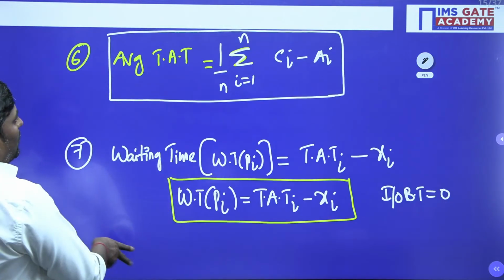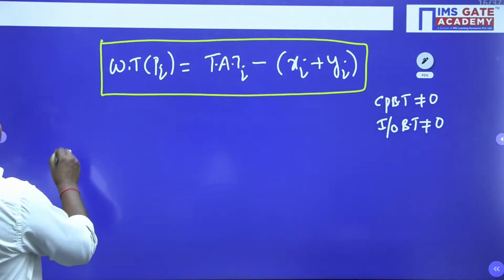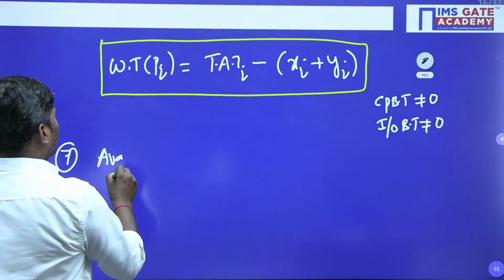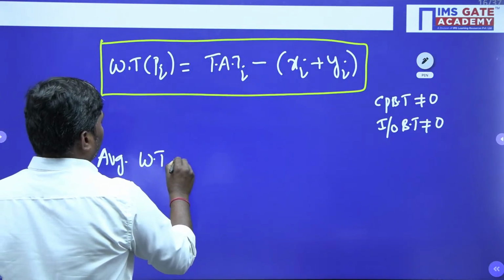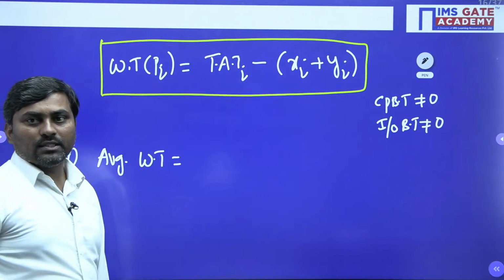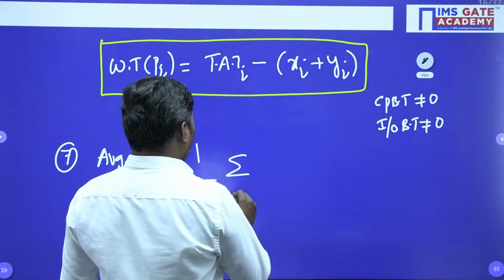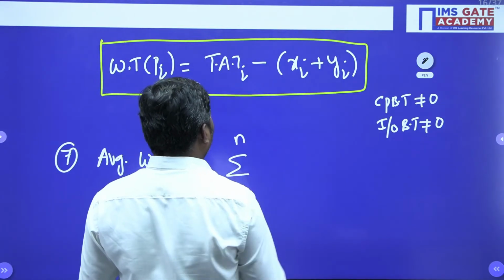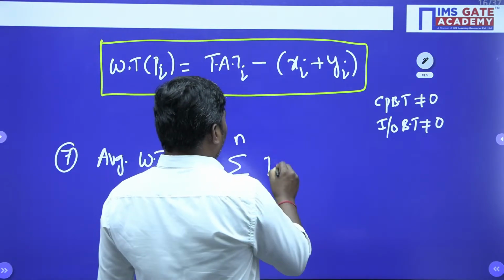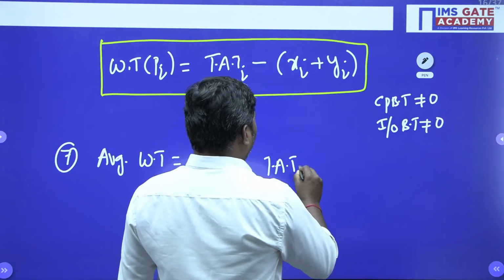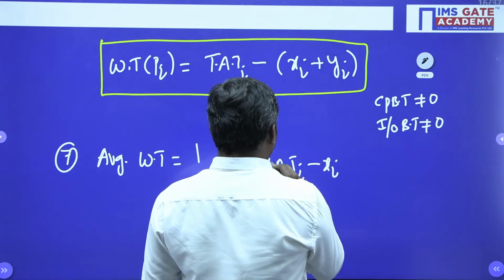Clear? Now the next one I will ask: what is the average waiting time of a process? 1 by N summation, i equal to 1 to N, turnaround time of the ith process minus burst time of the ith process.